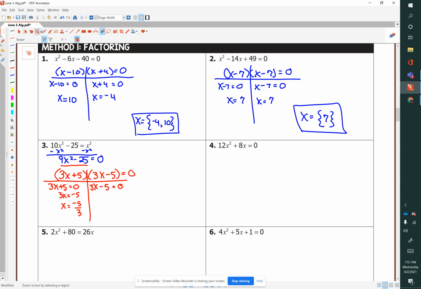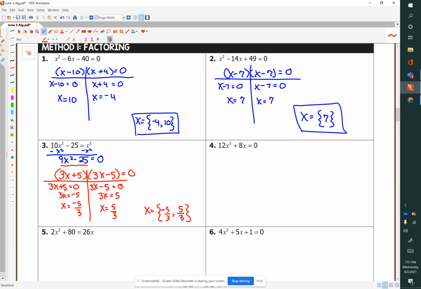We add 5 to both sides. That means 3x equals 5. We divide both sides by 3, and x equals +5 over 3. So our solution set, -5 over 3, comma, positive 5 over 3.